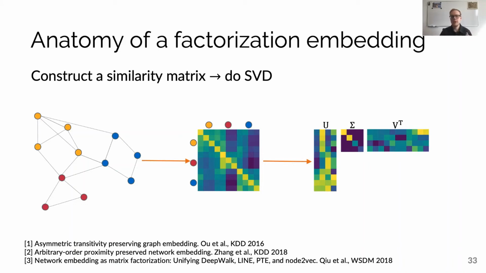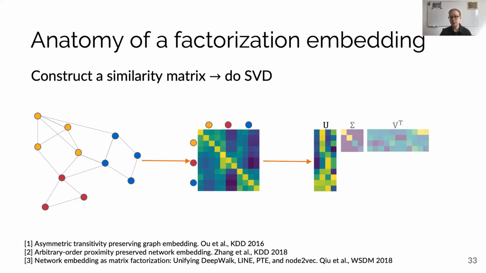For example, here I use SVD, but we can use other decompositions, and we'll see that in a moment, to get some low-dimensional embeddings of the matrix that reconstruct it well. So the focus of the neural embedding was in prediction. Here the focus is on reconstruction.